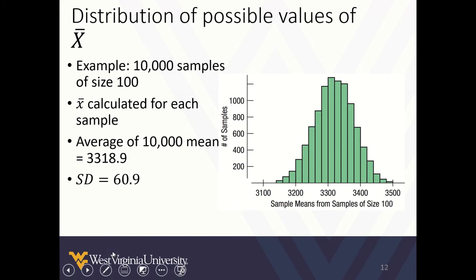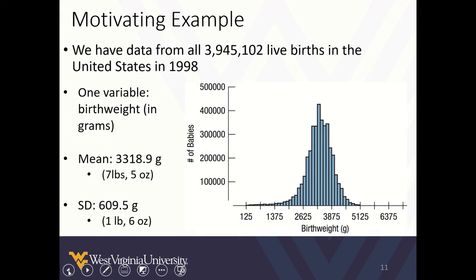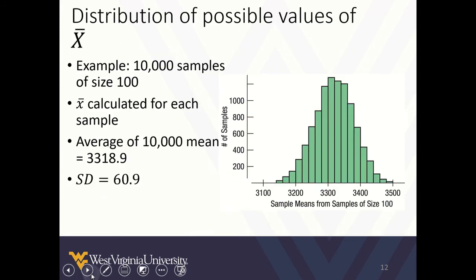So if I flip back, what we could see when we compare the true population versus our sampling is that we had a similar mean, but our standard deviations were not quite the same.